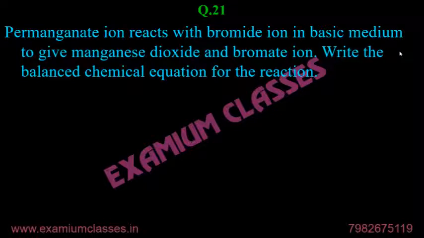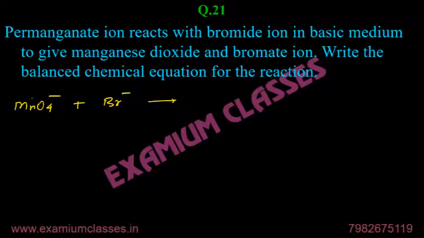Okay, so we don't have much time, so we will write the skeletal equation. Permanganate is MnO4 minus, and we get bromide ion.